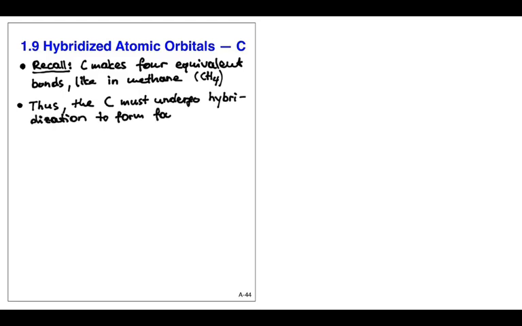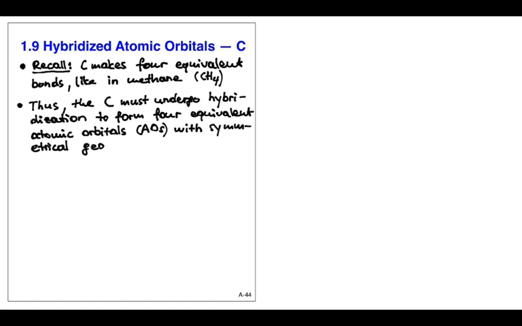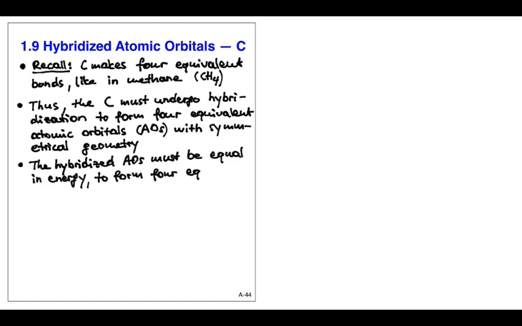And we're going to learn how this works. So we make 4 symmetrical equivalent atomic orbitals, which we abbreviate as AOs. Now, these 4 orbitals must also be equal in energy, again because of symmetry reasons.